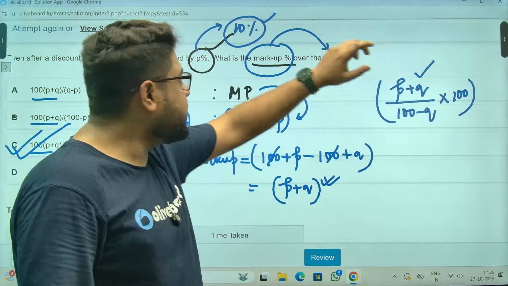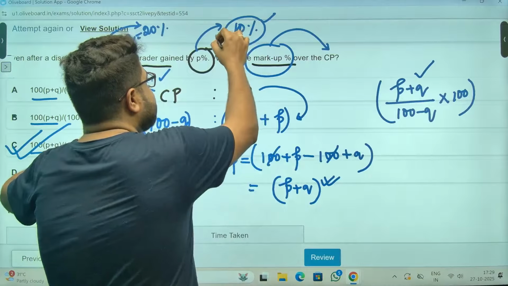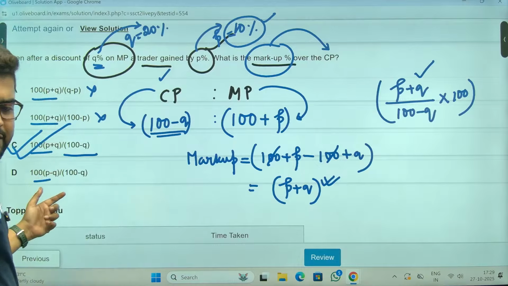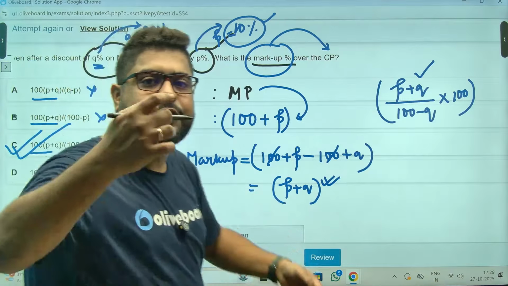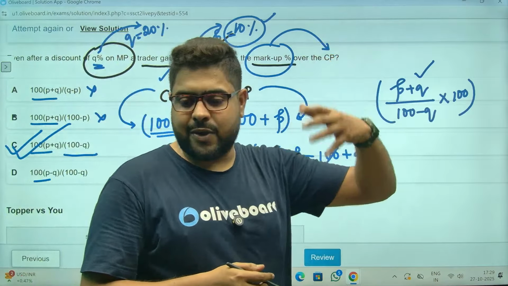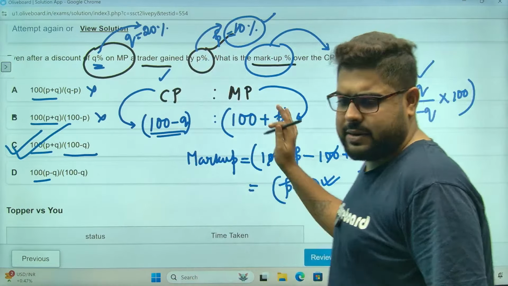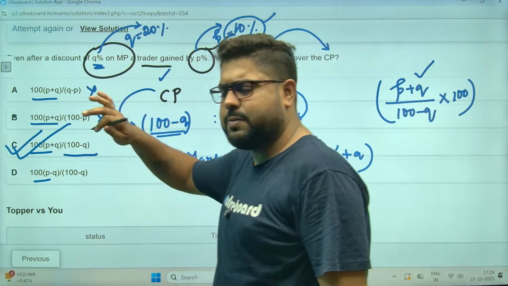Then put the values of P as 10 and Q as 20 in the options and check which option gives you the same value. Whichever option gives the same markup is the answer. Clear, everyone? But sometimes you need to calculate a little bit more in that approach. Not a very huge difference, sir.